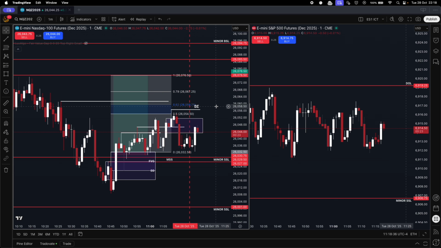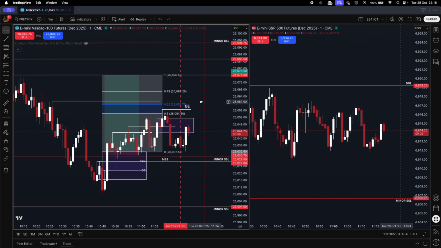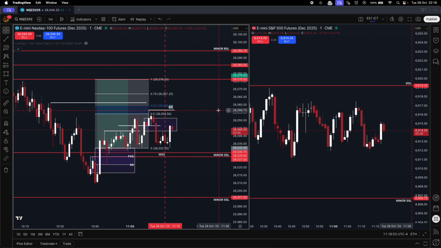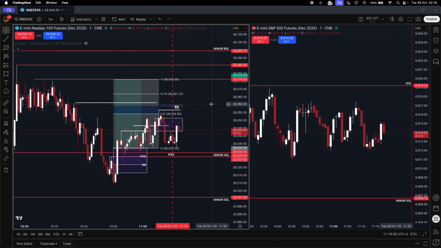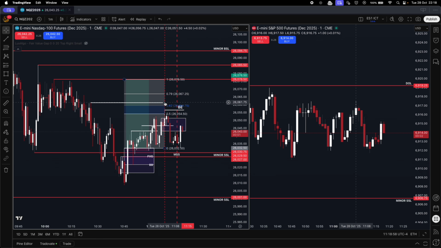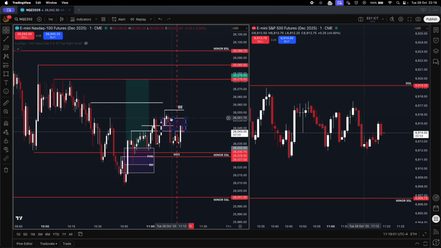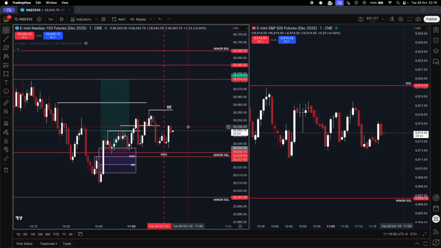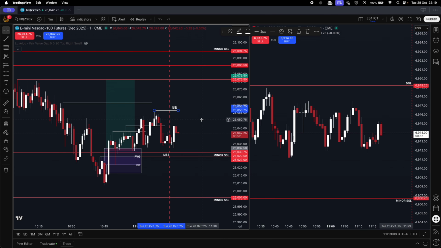So that was the position taken inside of the second AM macro. Now it's a relatively break-even trade. What we will do is monitor the lunch macro to see if we get any positions inside of lunch.